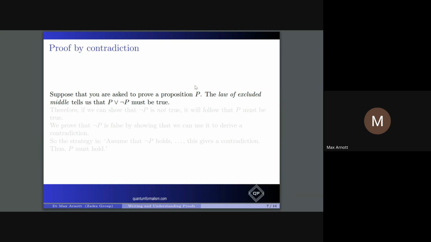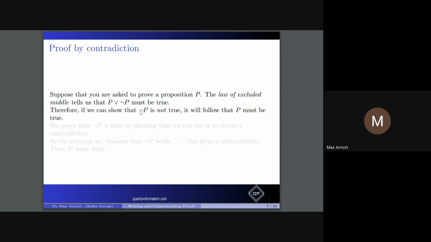So if P was the proposition, there is a blue car parked outside. We don't know whether P is true or not for me, but we know that either there is a blue car parked outside or there is not a blue car parked outside. And that's what the law of excluded middle tells us. There's not some weird third possibility, sorry.